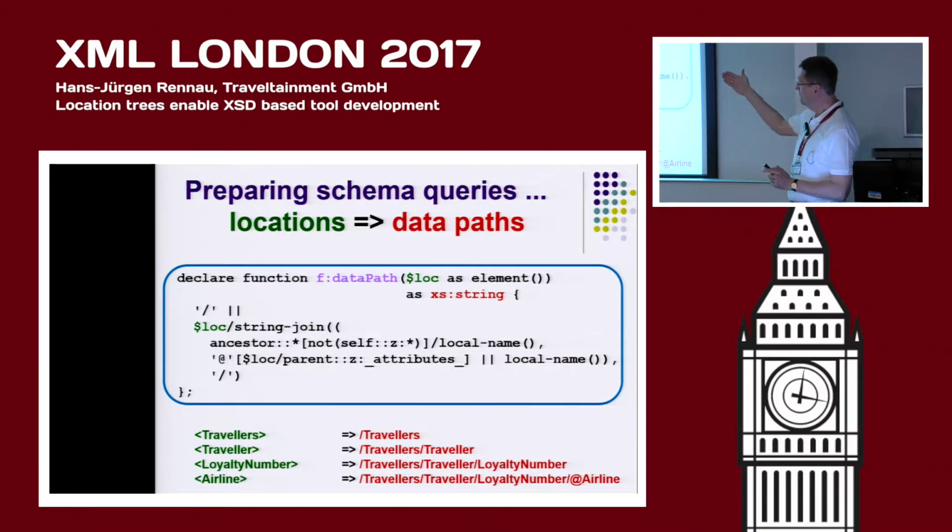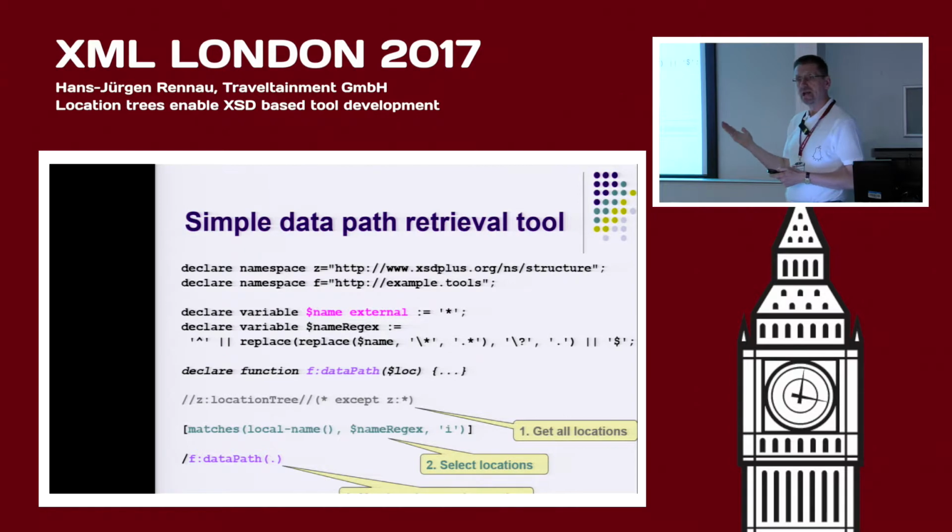So if you have written, for example, as an XQuery function, this mapper from location node to data path, then a few lines of code suffice to produce, let's say, an initial version of a schema query tool.